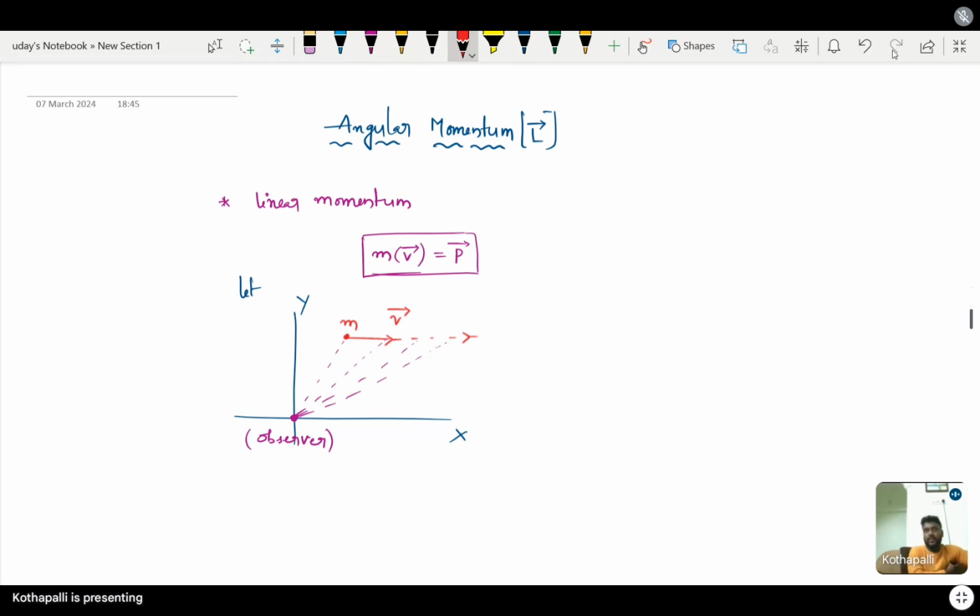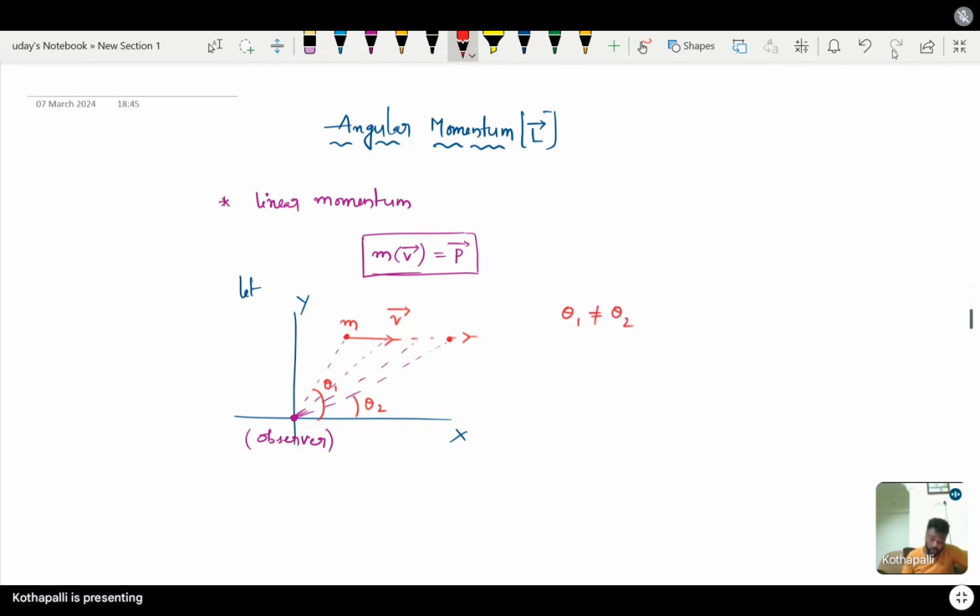The basic definition of rotational motion, if you remember: if the angular position of an object keeps on changing with respect to any reference line, I mean theta is changing with respect to a reference line, that we call rotational motion, right? So when the object was here, let's say the angle was theta 1. When the object moves and comes somewhere here, let's say the angle is theta 2, which means theta has changed, where theta 1 is not equal to theta 2.